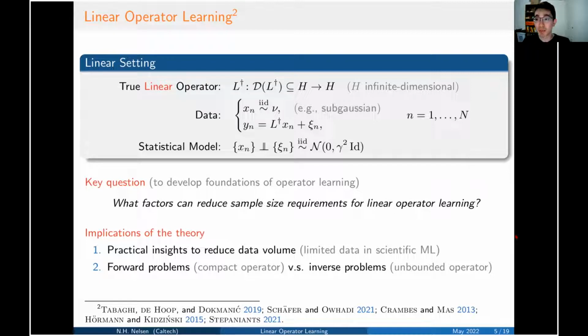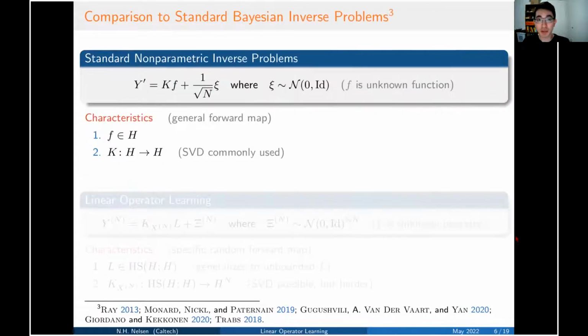So I mentioned we're taking a Bayesian approach. Let's try to see how what we do can relate back to a standard Bayesian statistical inverse problem. Let me start by telling you what I consider a non-parametric inverse problem. I'm taking the following equation.